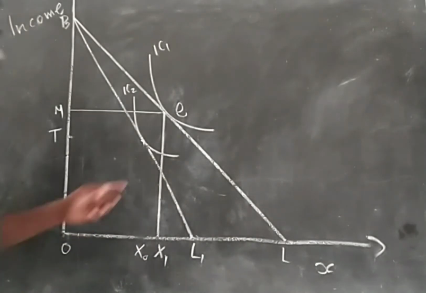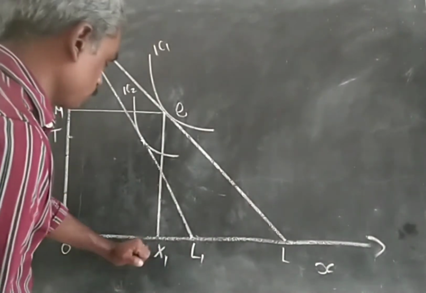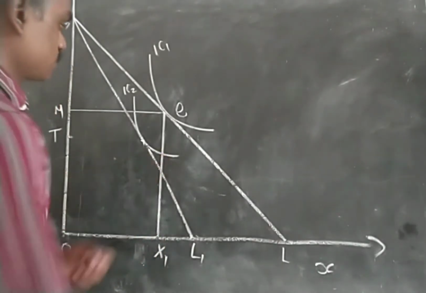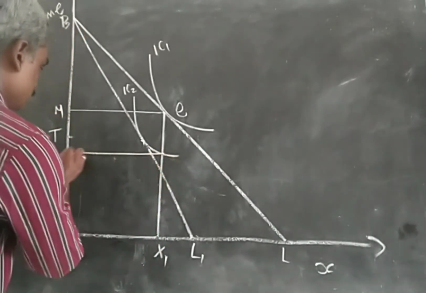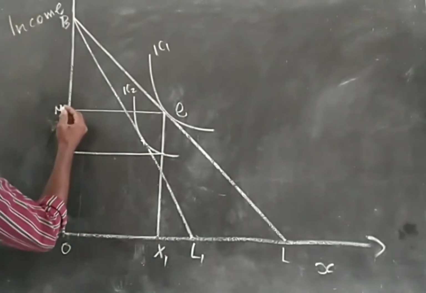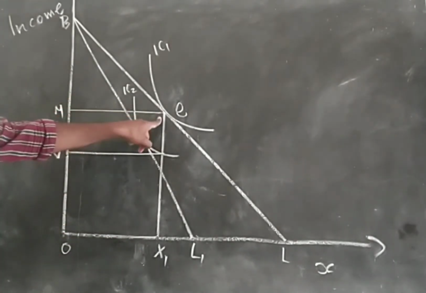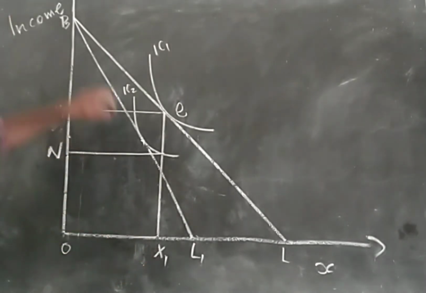Suppose he still wants to buy OX1 of X instead of OX0, which will be his equilibrium. If he wants to buy OX1, then he will be at this point, and this becomes N. So he spends BN amount of his income on commodity X. Before the imposition of a tax, in order to buy OX1 of X, he had to spend only BM of his income.